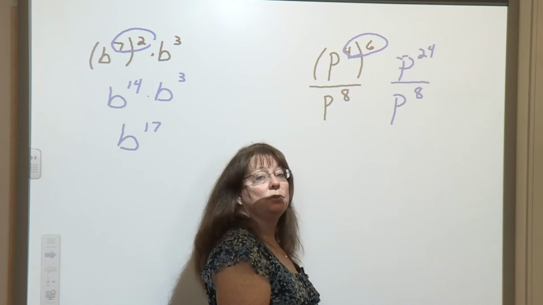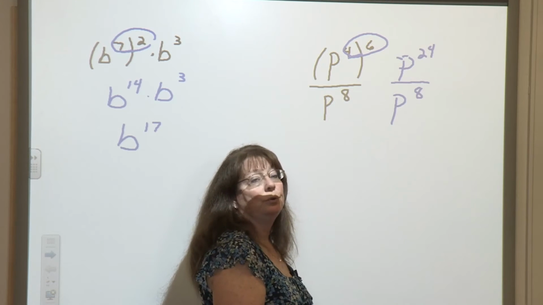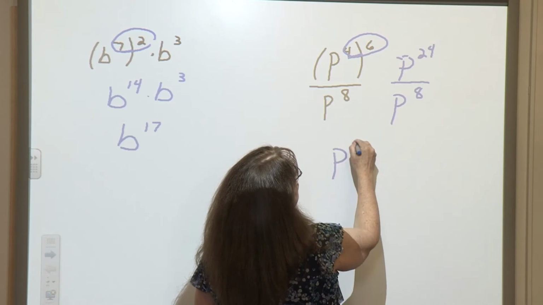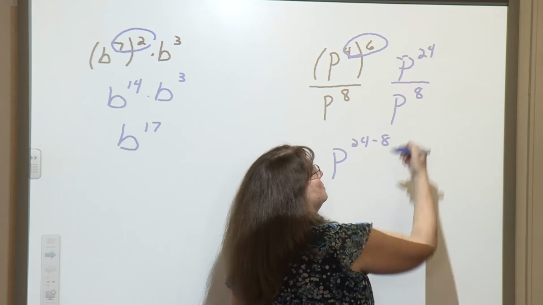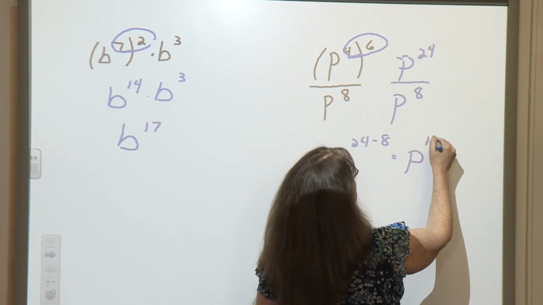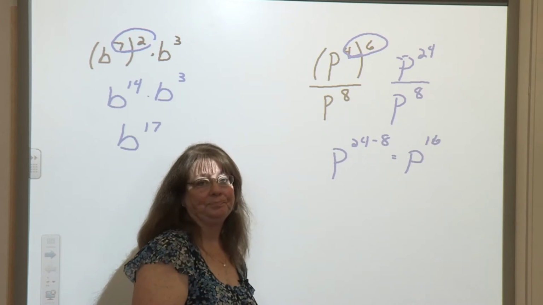So I end up with p to the 24 over p to the 8, and then use the quotient rule. I'll subtract my exponents, 24 minus 8. Make sure you take the top exponent and subtract the bottom exponent. And it should give me p to the 16.